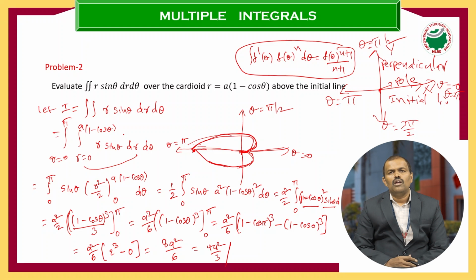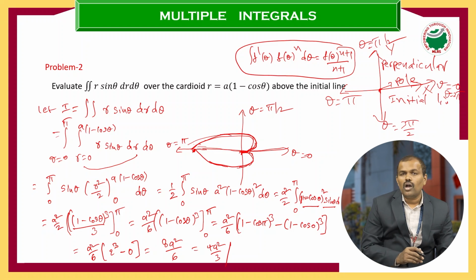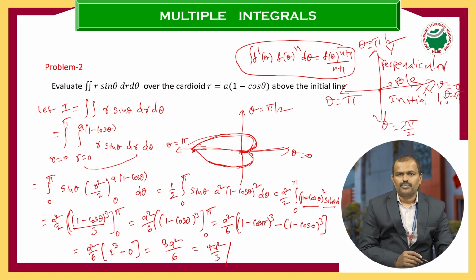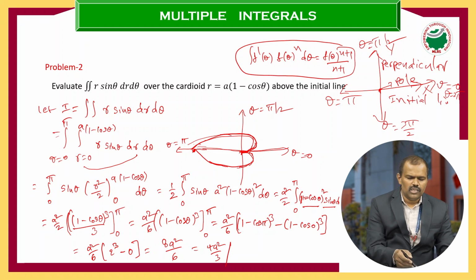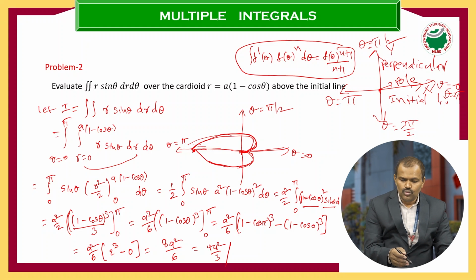As usual, first we have to integrate with respect to r, keeping theta terms constant, and then with respect to theta. First with respect to r, sin theta is constant. Integral of r dr is r square by 2.